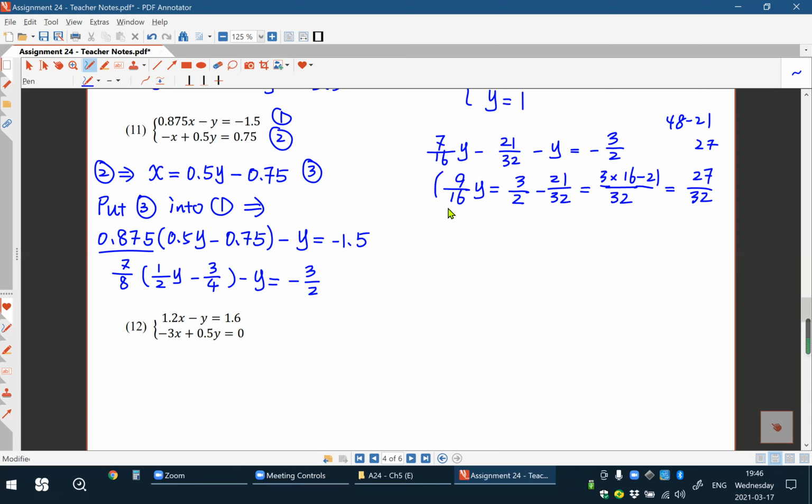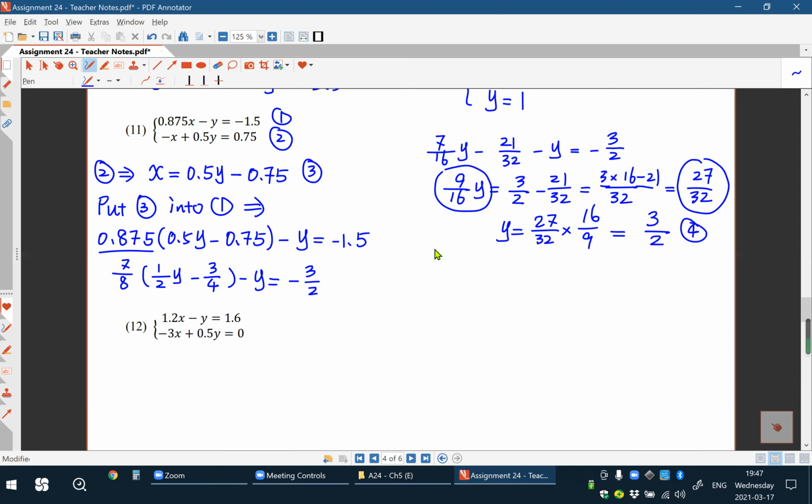So 9 over 16 times y equals 27 over 32. y is 27 over 32 times 16 over 9, right? So by simplification, we know that y is 3 over 2.